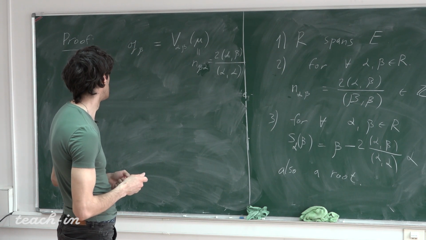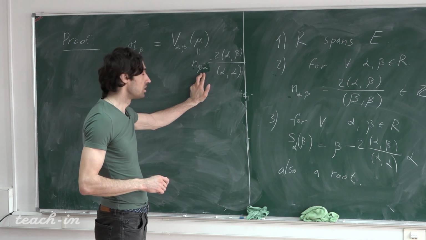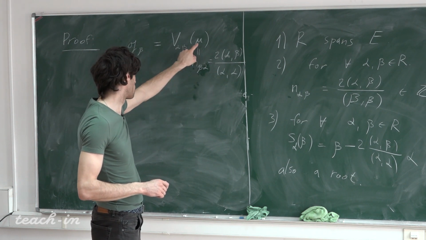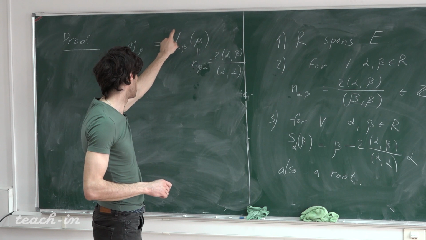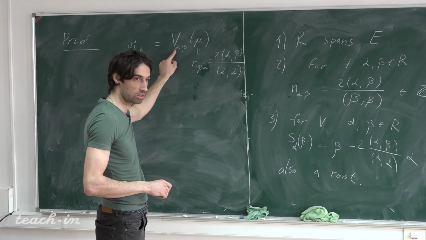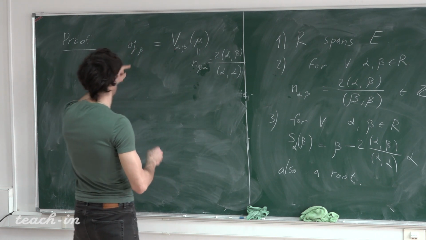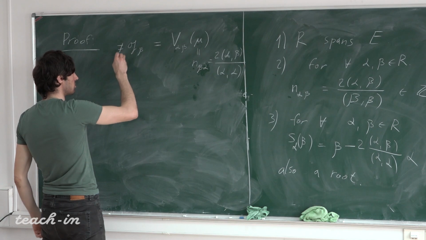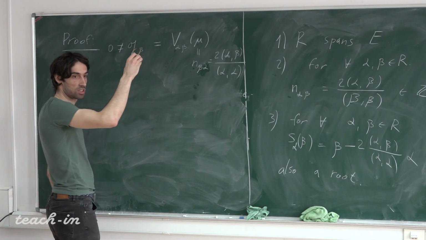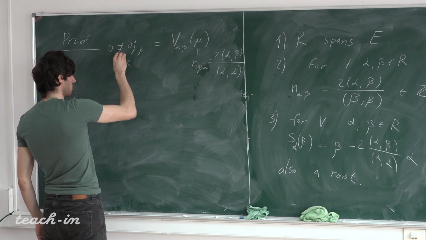So, n beta alpha is a weight in a weight subspace of a reducible representation of SL2. And this is not 0, because beta is a root.